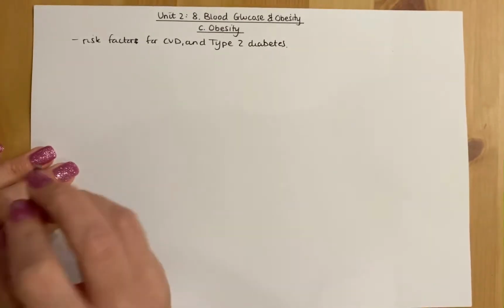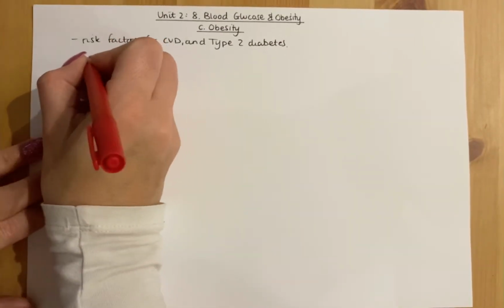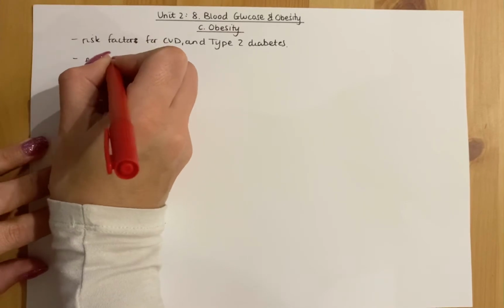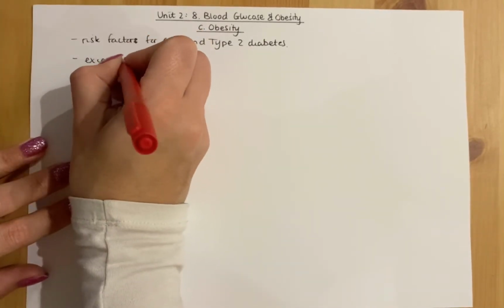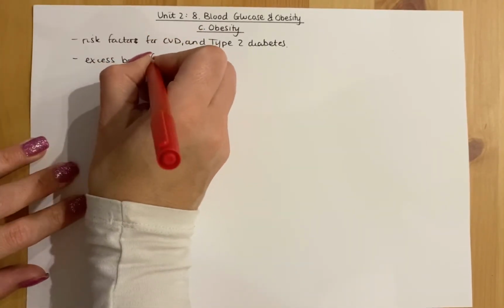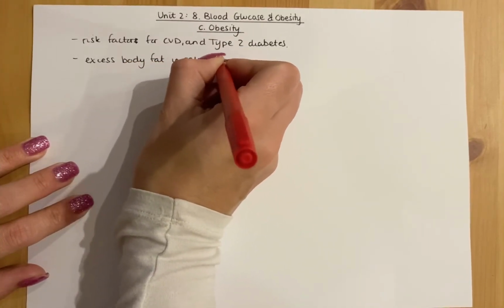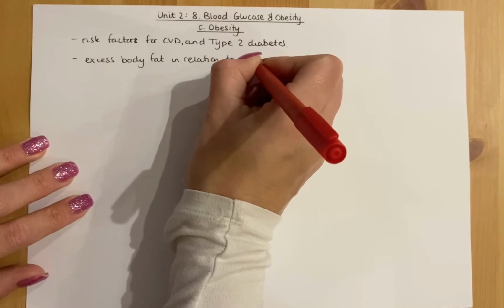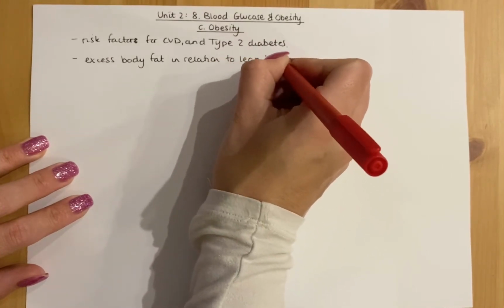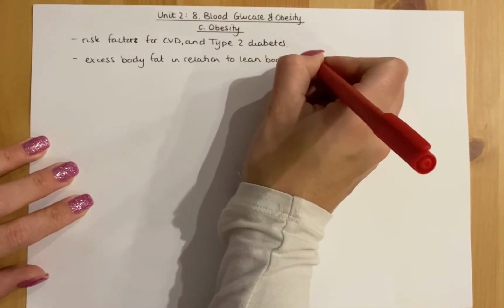Now, people generally know what obesity means, but they couldn't define it. So it's actually defined as an excess amount of body fat in relation to lean body tissue. And by lean body tissue, all I mean by that is muscle.